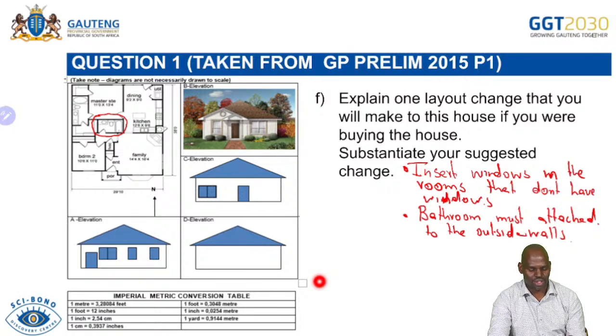The pipes must immediately leave the inside of the house, not run under the ground in the room. So that is some of the things that would need to be changed there.